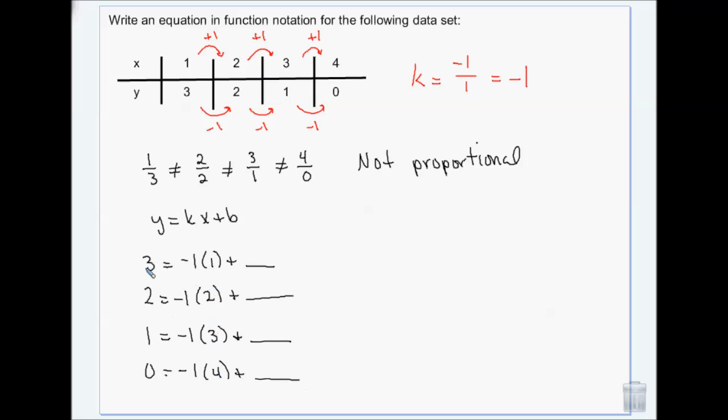Okay, so I've got my k as negative 1. These are my x's, 1, 2, 3, and 4. Here are my y's. So negative 1 times 1 is negative 1, plus what equals 3?